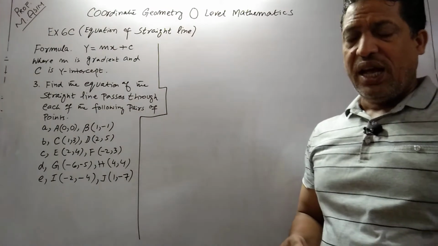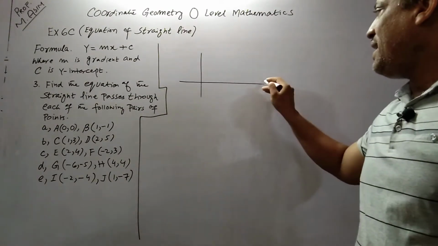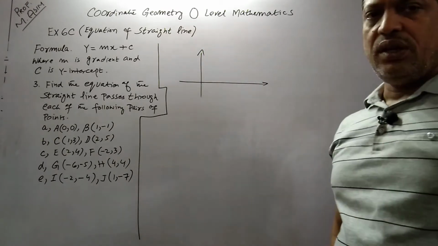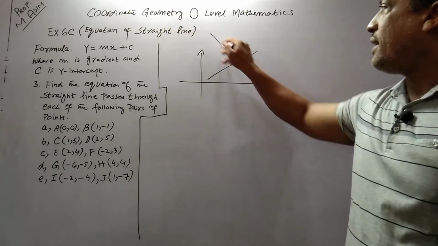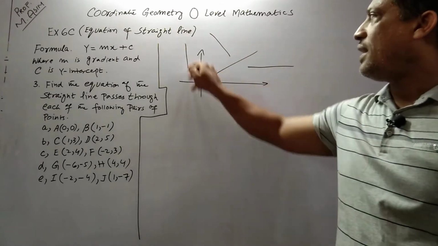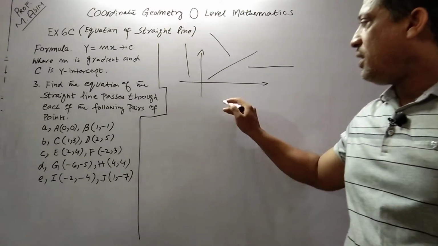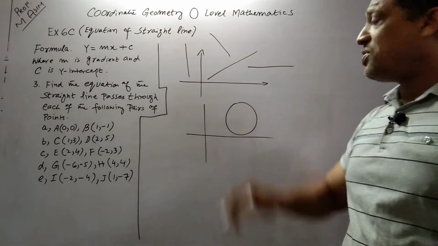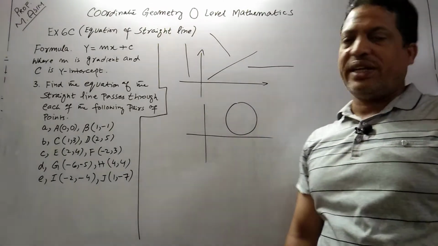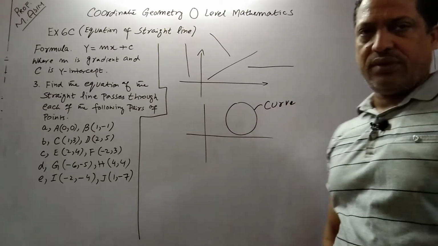Because, students, if we draw the graph of any straight line like this, like this, these are all straight lines. But if I say, for example, this is the graph and it is not a straight line, this is a curve.